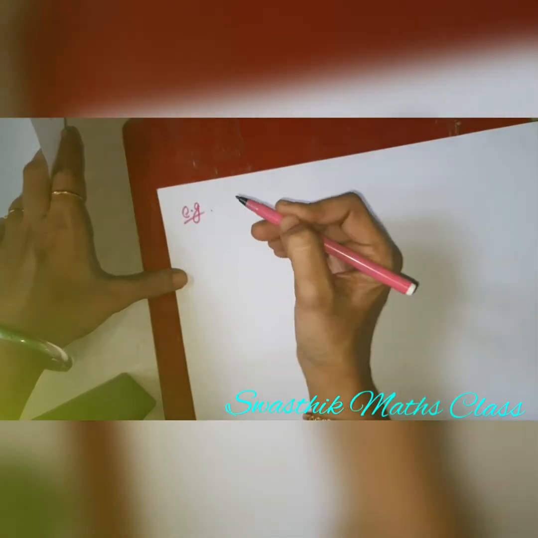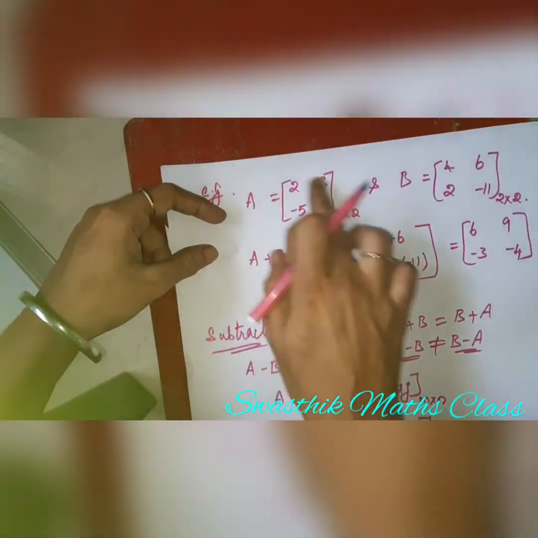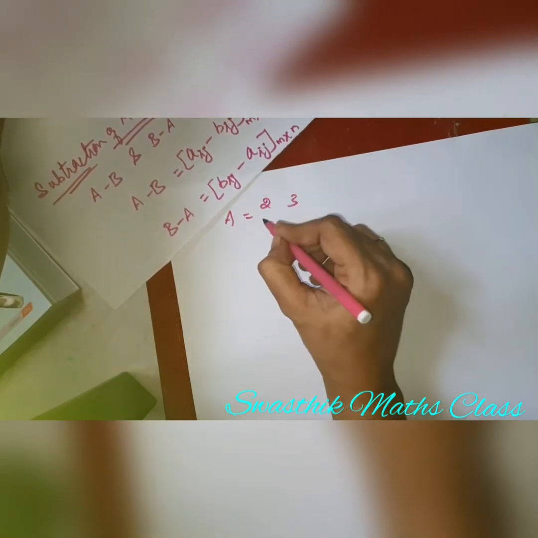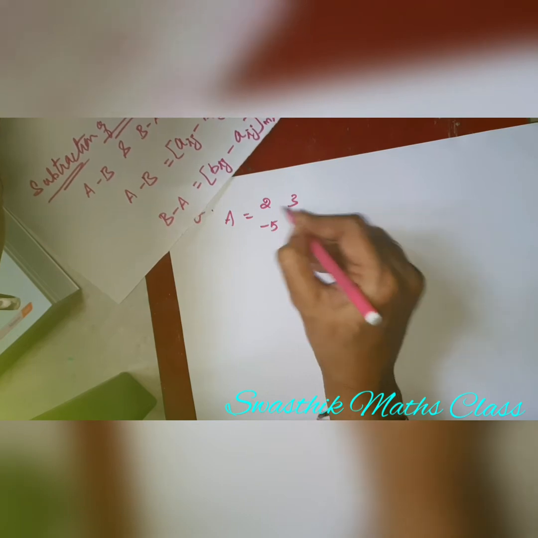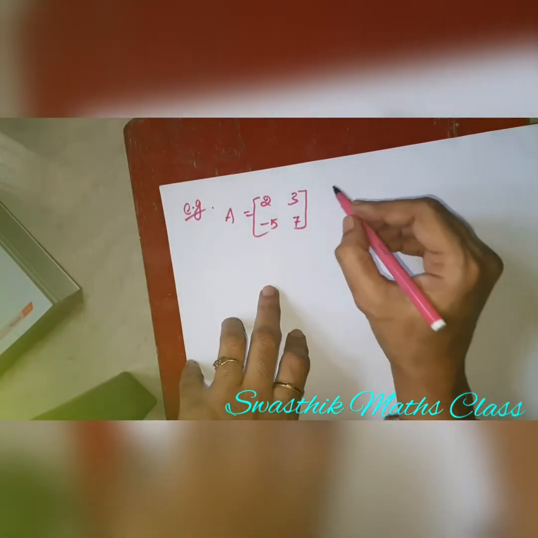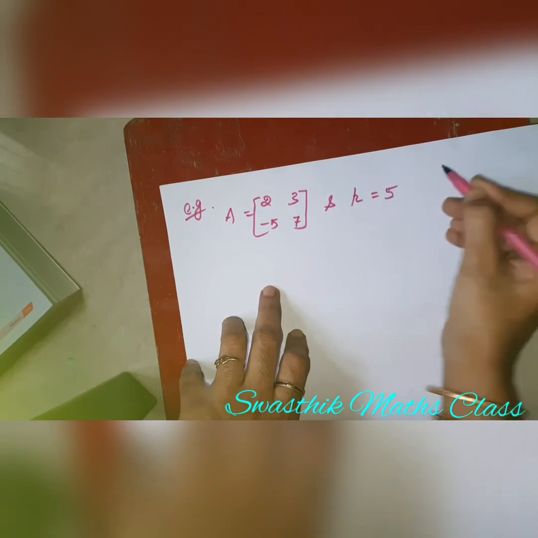For that, first we need a matrix and then a number. So for a matrix, let's take the matrix A as above. So A is equal to 2, 3, minus 5 and 7. So let us assume a matrix A to be like this and assume a number K to be 5.